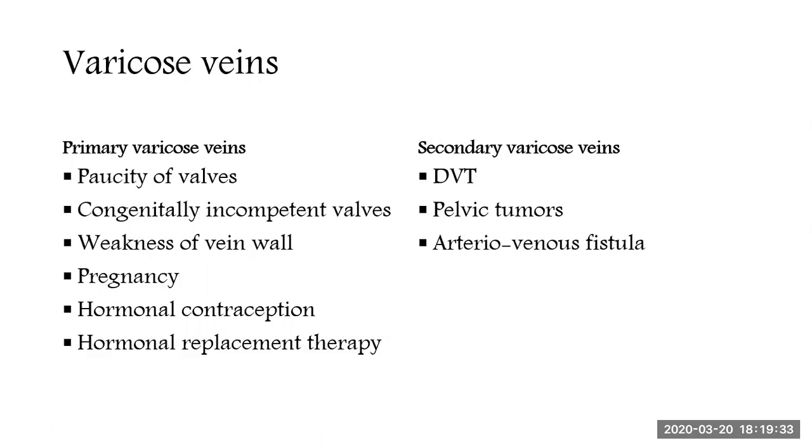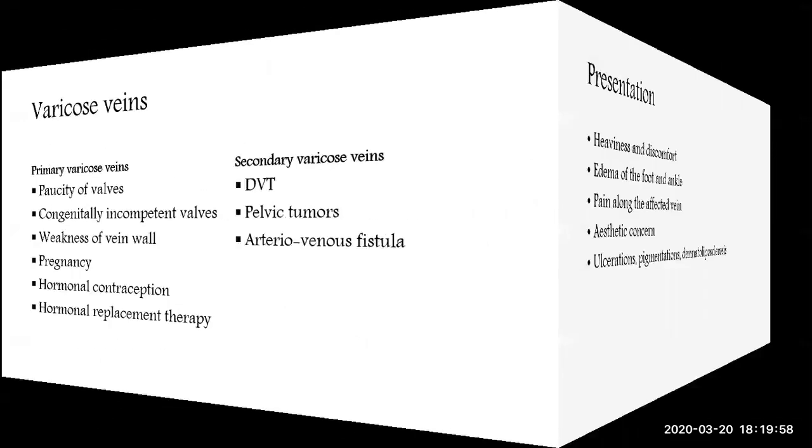And lastly, arteriovenous fistula, either congenital or traumatic acquired, whereby the arterial pressure is transmitted to the vein. Subsequently, the veins get dilated, engorged with blood, and become varicose as well.